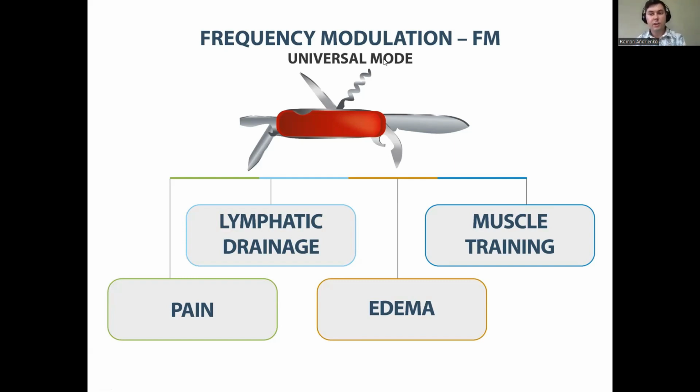But if you are a newbie, if you're a novice, you just started to work with Scenar and you don't have an idea what to do, you're doing your first treatments, this is your magic wand. This is something that comes to rescue the day. So frequency modulation is the universal mode that you may use. And this is why we have the Swiss Army knife here.